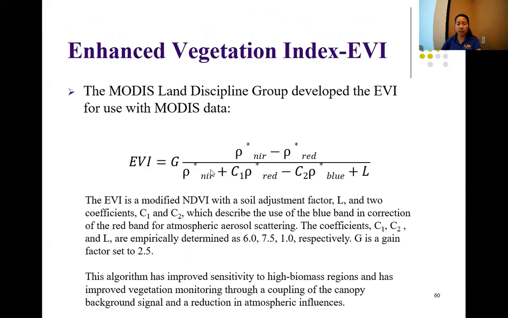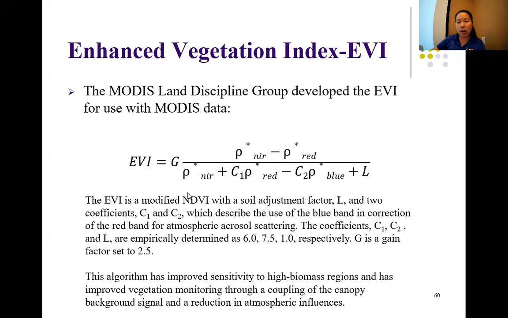So this is the near infrared, this is the red part, and this is the blue part. They apply a couple of coefficients and L values. So the EVI is a modified NDVI. The main change is in the lower part and also this G value over here.